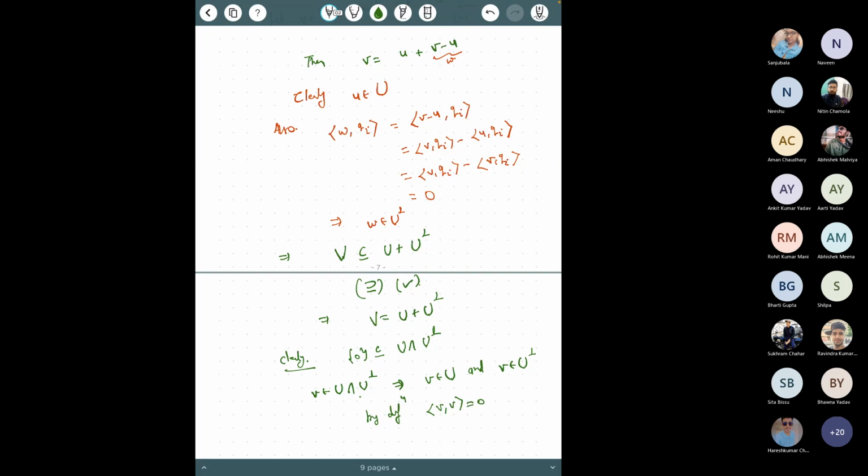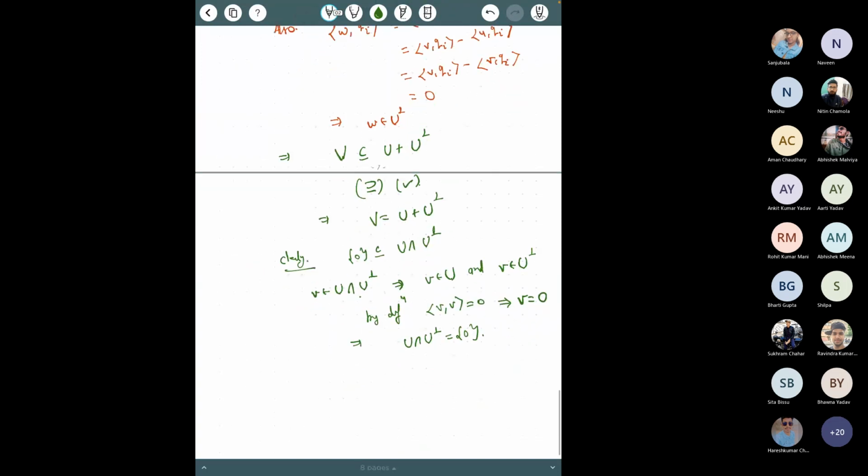But then this implies that V is 0. But then this implies that U intersection U perp is just the zero space. Right? So therefore you can say that V can be written as a direct sum of U and U perp.